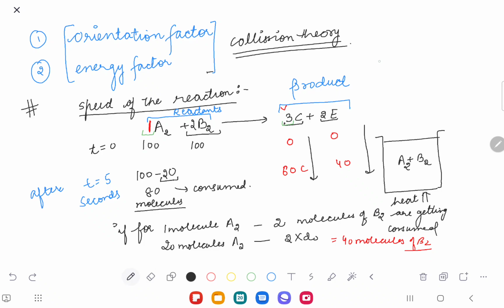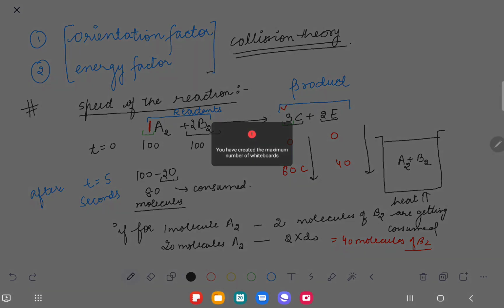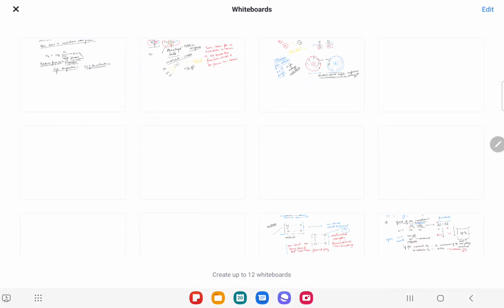And what is the rate of reaction? The rate of reaction means the rate of consumption or production of a reactant.